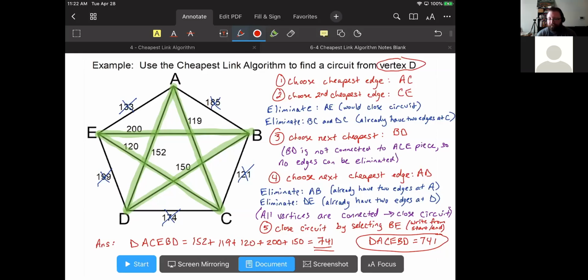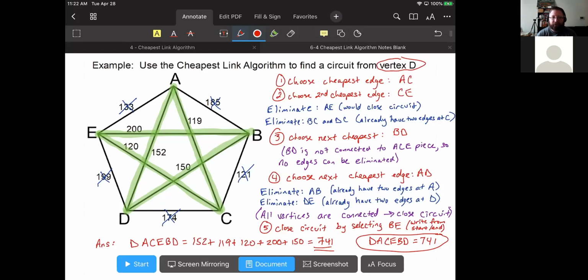Now, the major mistake that people make when they do this algorithm, the one that happens by far the most often, is that they think, like repetitive nearest neighbor, that they have to care about the starting and ending point, D. We don't care about where it starts and ends until we are writing our answer at the very, very end, okay?